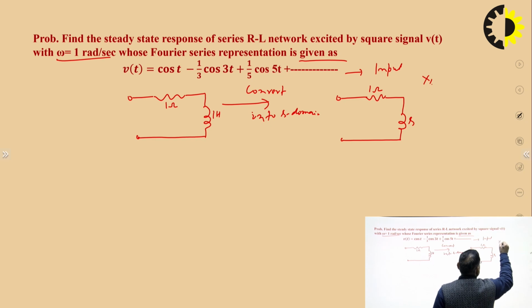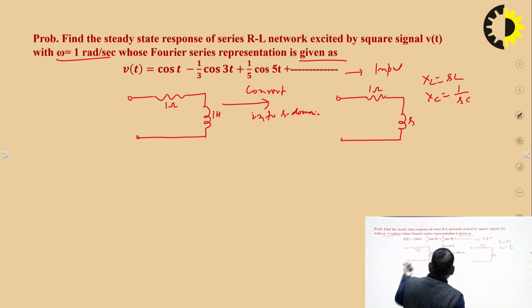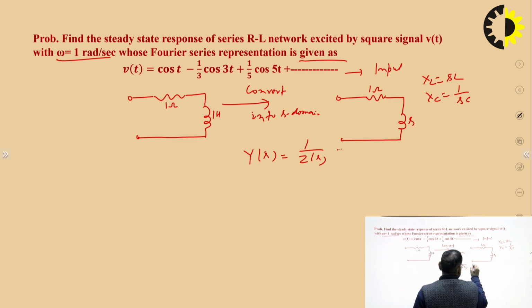We know that XL is equal to SL and XC is equal to 1 by SC. So we simply convert into the frequency domain. Now what is Y(s)? Y(s) is 1 by Z(s), which is nothing but 1 by 1 plus s. So this is the admittance.